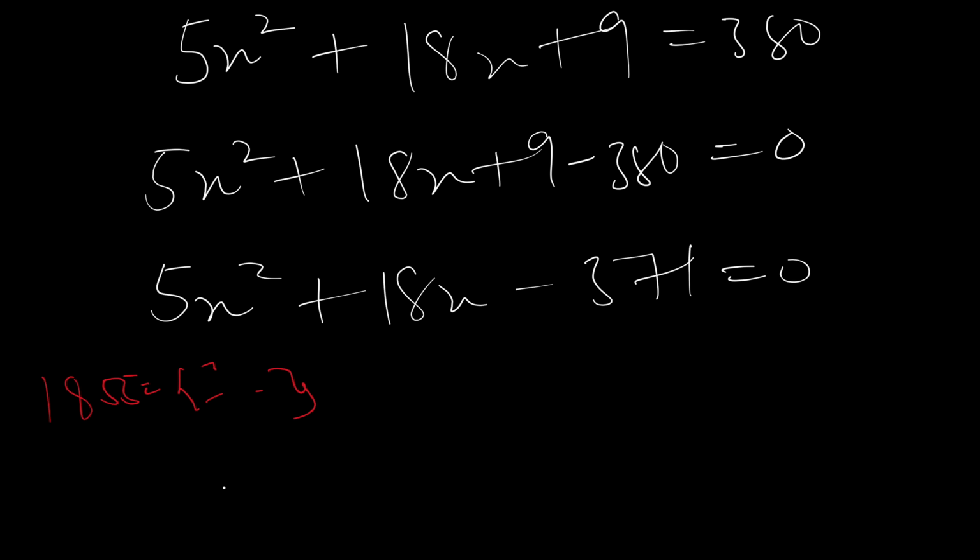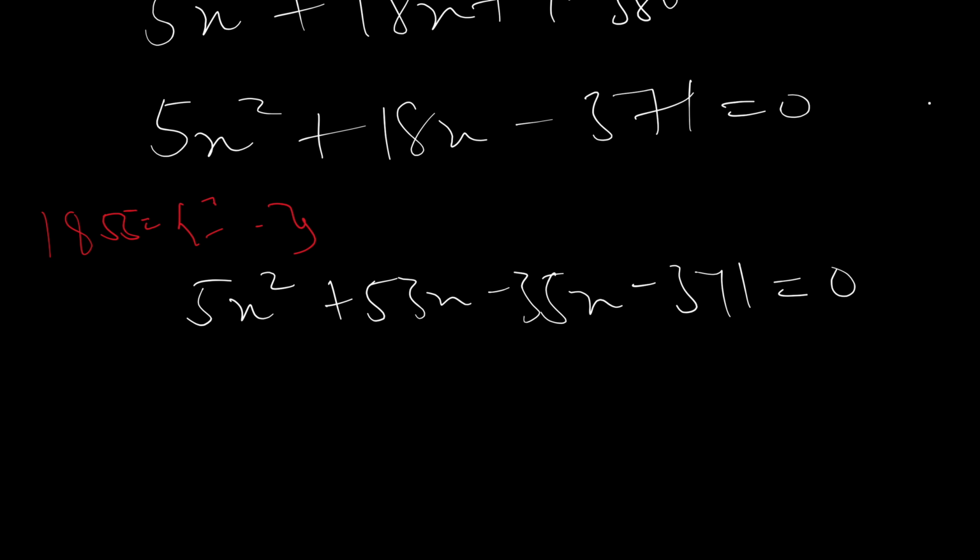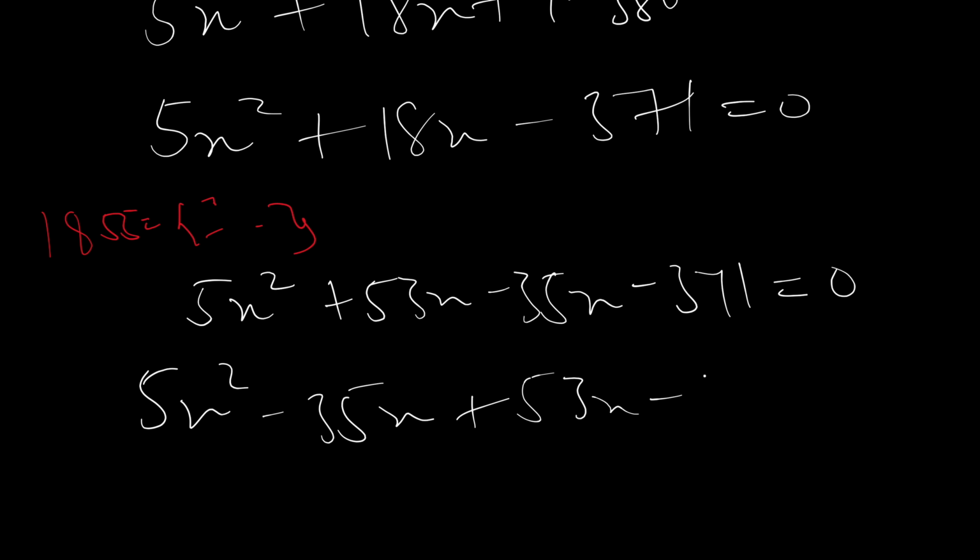So in that case, you can say that 5x squared plus 53x minus 35x minus 371 is equal to 0. So let's arrange this. We have 5x squared minus 35x plus 53x minus 371 is equal to 0. Now when we factorize, we group this and this and this and this.